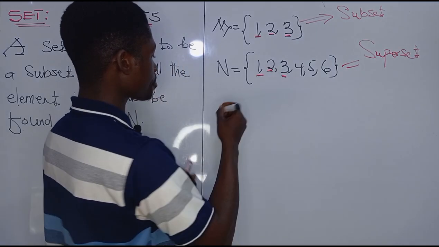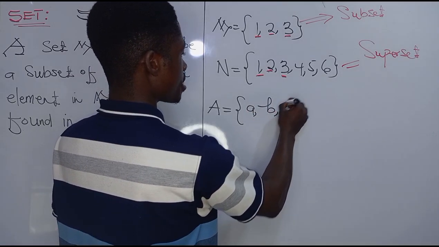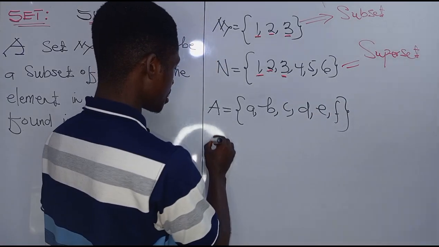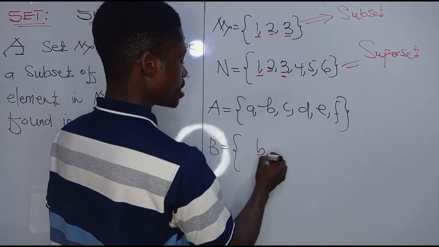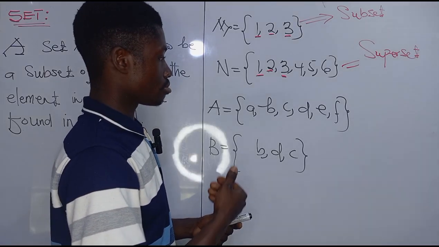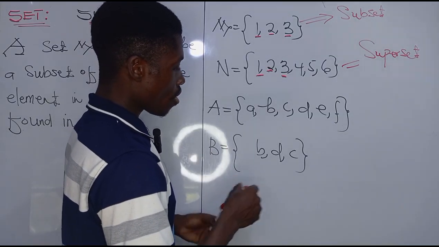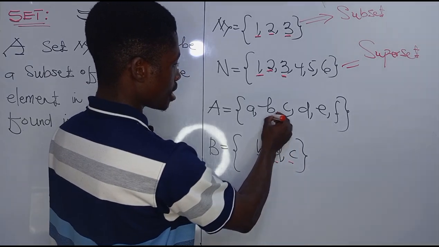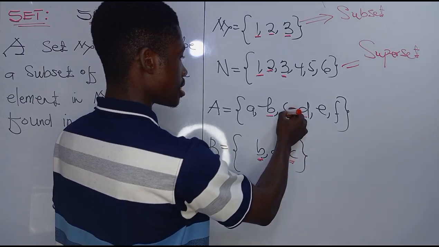Similarly, let's say set A contains the elements A, B, C, D, E, and then F. And then we have another set, set B, which contains the elements B, D, and then C. I want to check the relationship between set A and set B. Now realize that all the elements in B can be found in set A, because we have B here, B is also here, we have D here, D is also here, we have C, C is also here.